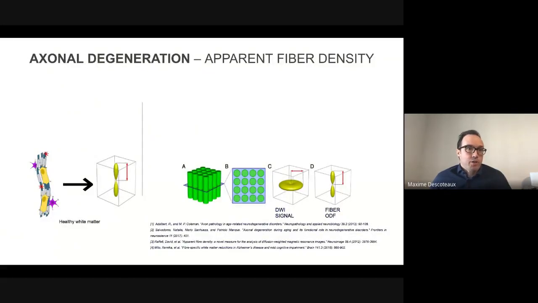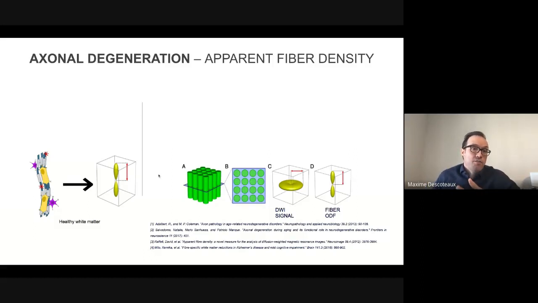The other measurement related to axonal degeneration is apparent fiber density. You see this little drawing here. The more axons you have packed in a voxel, the higher this amplitude will be, basically because the larger the cross-section of green stuff is here, and the less blue stuff in the cross-section.